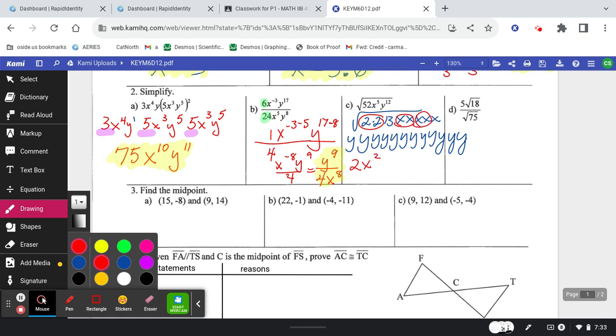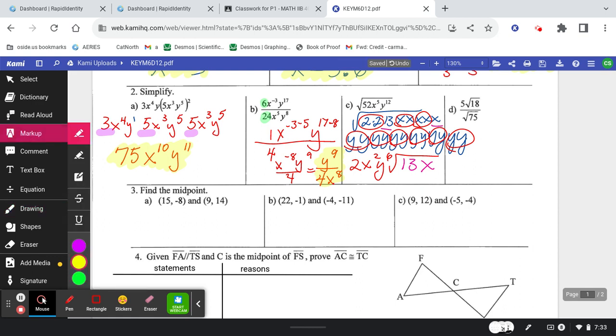That's an x squared that can come out. Y, that's 1, 2, 3, 4, 5, 6. So that's y to the 6. They all come out. So what's left inside? That's got to stay in, and they're multiplying, so it's 13 times x. And there she is, my fully simplified radical. What do you think? Don't you love these?